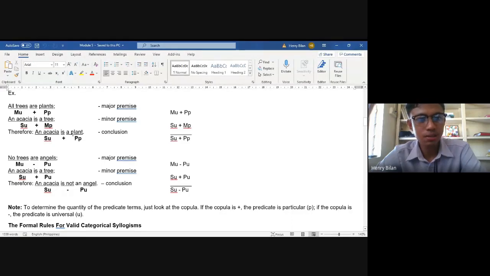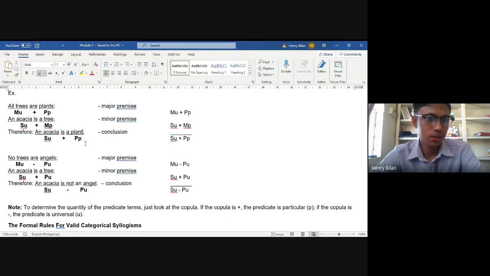Sabi kanina, punta ka sa conclusion kapag major at minor term ang pinag-uusapan. So in this case, our conclusion is this one. And we said a while ago that the major term is the predicate of the conclusion. So in this case, our major term is plant. Kaya meron tayong capital P, and then small p, which indicates that this term is a particular term.